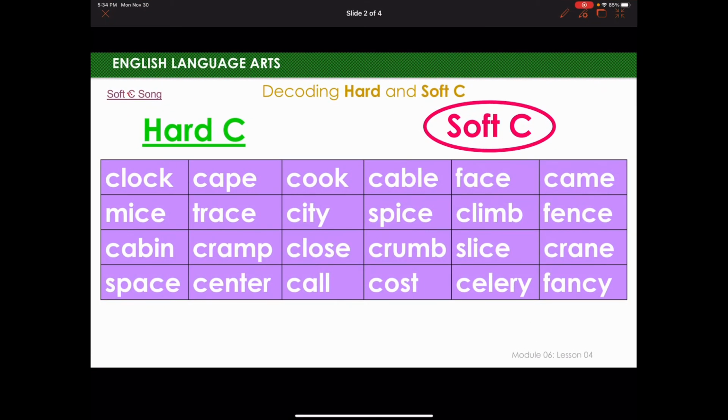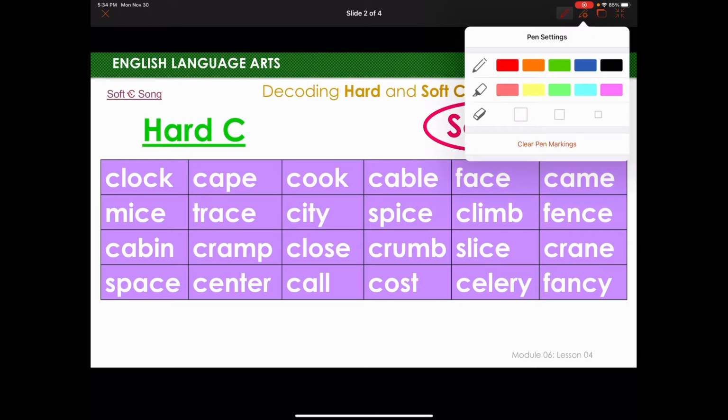All right, so that is the soft C sound. So whenever we have C followed by an E or an I or a Y, it makes the soft C sound, which sounds like S. Let's practice reading some words, and let's see if they are hard C or soft C sounds.